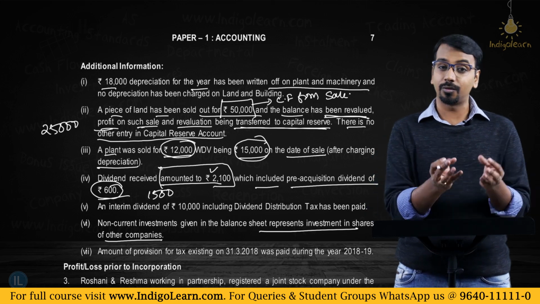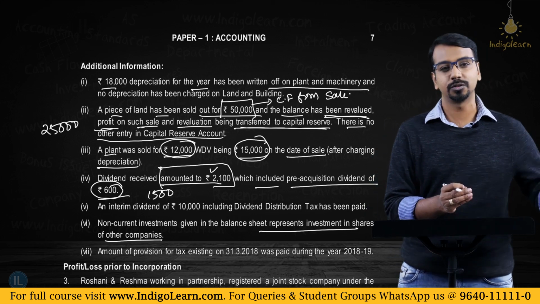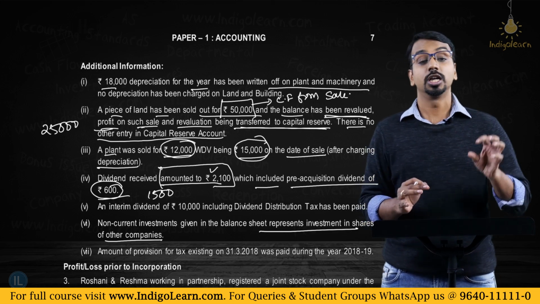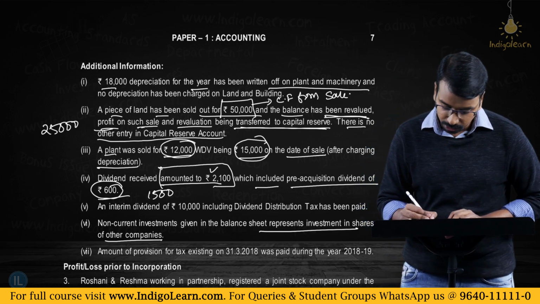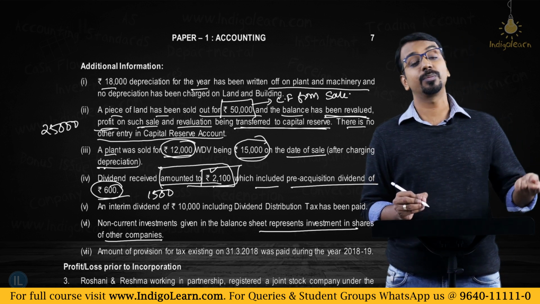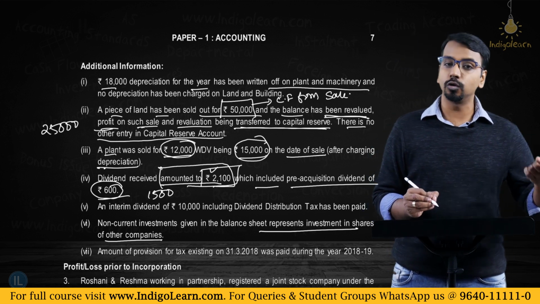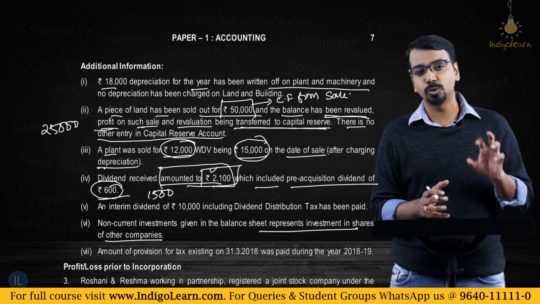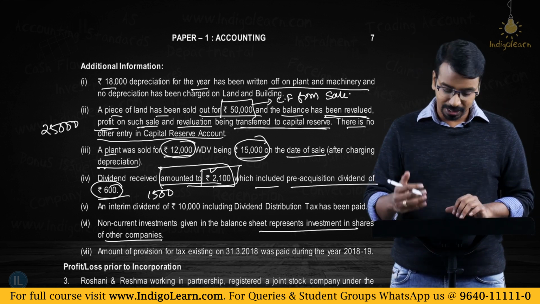Now, you may say, sir, we have already adjusted 600 against the cost of investment, so we should take only 1,500. That is a wrong approach. You have to see what is the total dividend received, which is 2,100. Entire thing becomes an inflow, and on the outflow side you will consider total amount you have paid to acquire those investments, right?